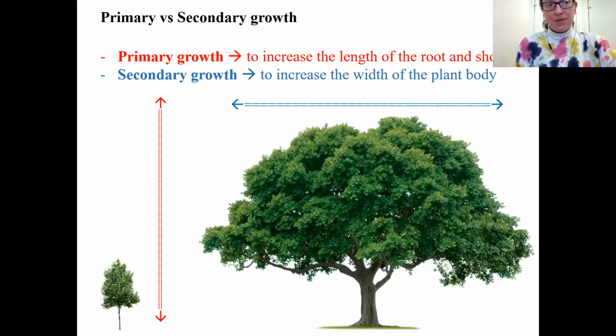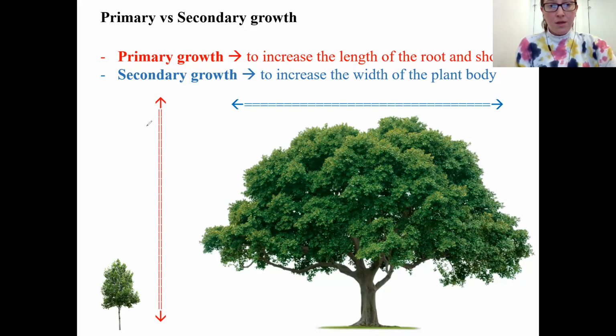Plants have two different types of growth. Because all the plants we've dealt with so far have been so small, we haven't really had to deal with these two types of growth. They have primary growth and secondary growth, and both serve different purposes.